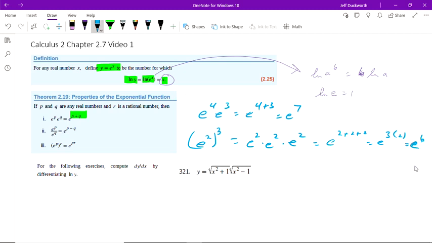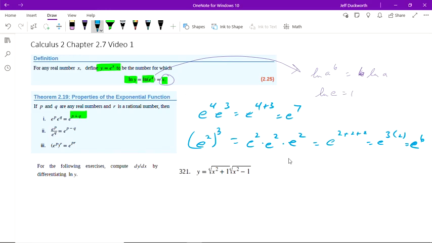And all of them will end up being e to the 6. So you can look at it as, again, multiplying the same thing 3 times, because essentially that's what we're doing. And we can either use the first property or just go straight to the third property. So this is why the third property works.